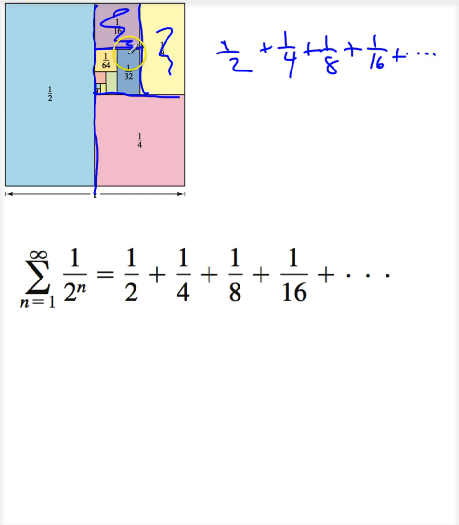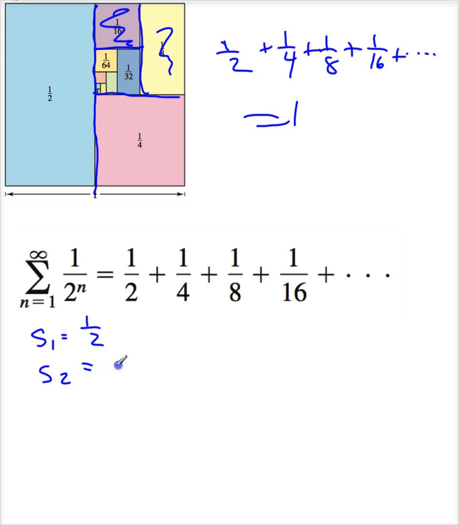Now clearly, if we keep doing this, logically, this looks like the sum has got to equal 1. But let's do it more rigorously. Let's look at the nth partial sums. So the nth term is 1 over 2 to the n, because we're always cutting what we had before in half. So S1 is 1 over 2.